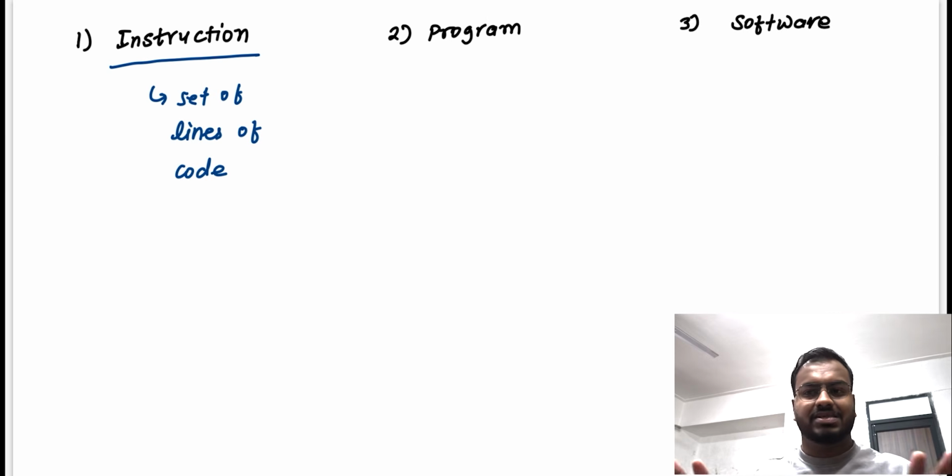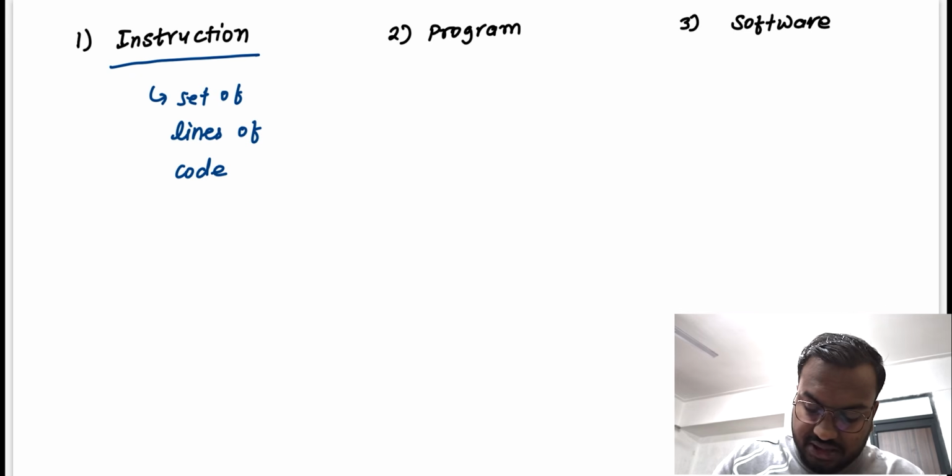When you write multiple lines of code or a single line of code, then they become instructions. One line of code will be one instruction, and if you combine two lines, three lines of code, they will become a block of instructions. So instructions are nothing but the lines of code which you write.